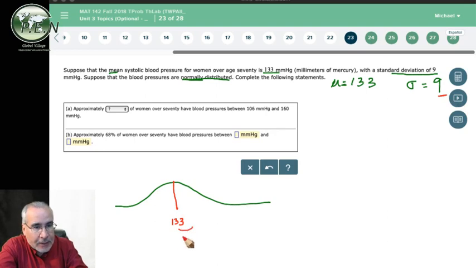So we add 9 and get here. 9 plus 133 is going to be 142. We also subtract 9 to get 1 standard deviation below. 133 minus 9 is going to be 124.